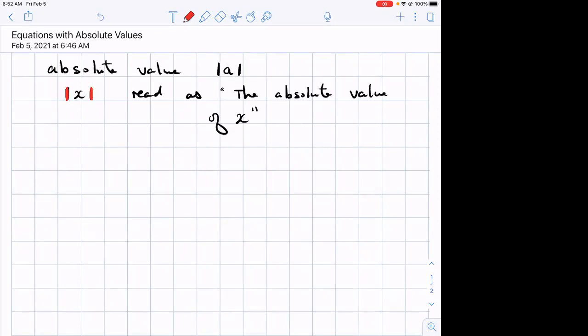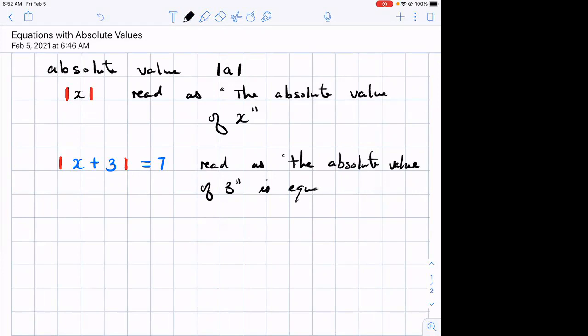And we can have equations also. So for example, if we have the absolute value of x plus 3 equals 7, then we will read this as the absolute value of x plus 3 is equal to 7.